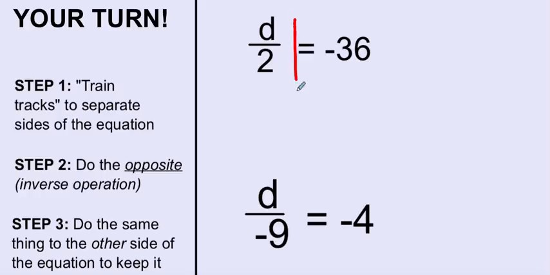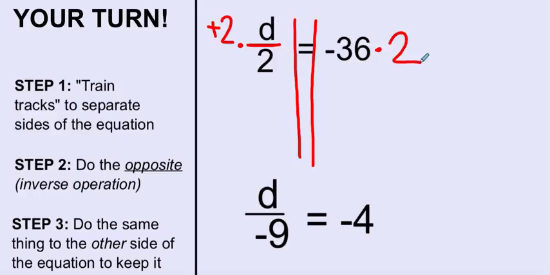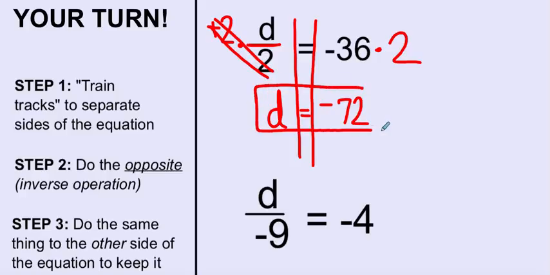All right, again, I'm going to set up my railroad tracks. I recognize that the D is being divided by a positive 2. So the inverse is to multiply by a positive 2. So I'm going to multiply by a positive 2. The 2's over here are going to cancel out. And over here I'm left with 36 times 2, which is a negative 72. Positive times a negative is a negative.